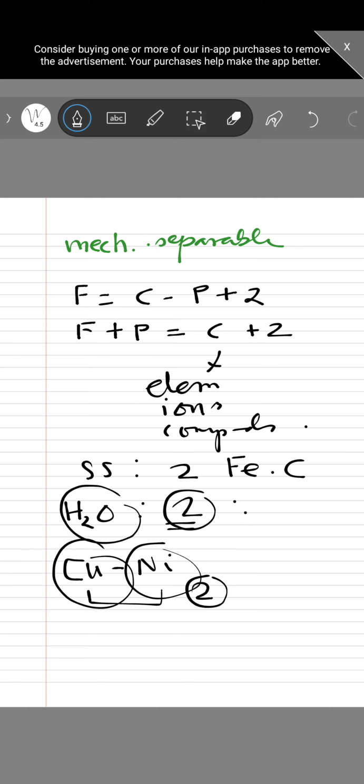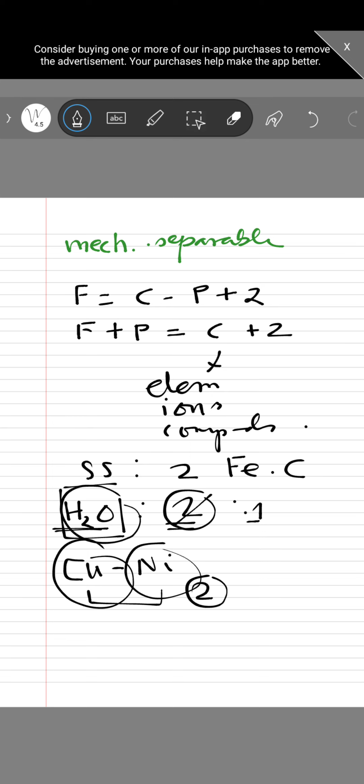Whereas in the case of H2O, it doesn't matter. It is fixed. There is no chemical variation of H2O. So the number of components here is not 2, it's 1. So this was all about the components.